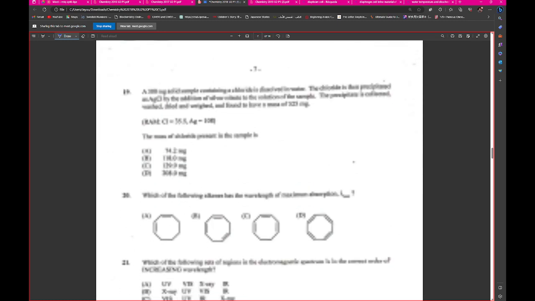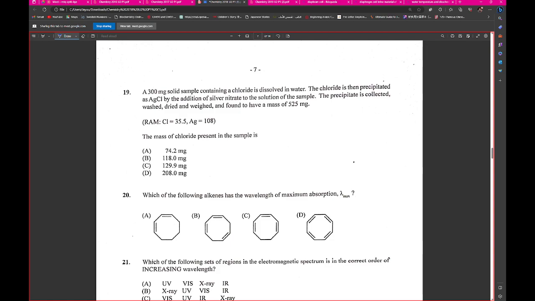So hopefully we can move a little faster. A 300 milligram solid sample containing silver chloride is dissolved in water. The chloride is then precipitated as silver chloride by the addition of silver nitrate to the solution of the sample. The precipitate is collected, washed, dried, and weighed, and found to have a mass of 525 milligrams.